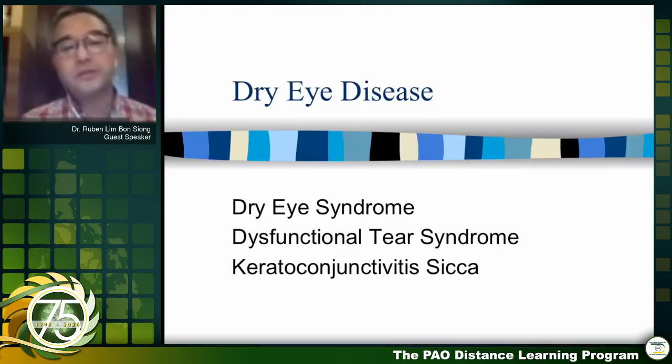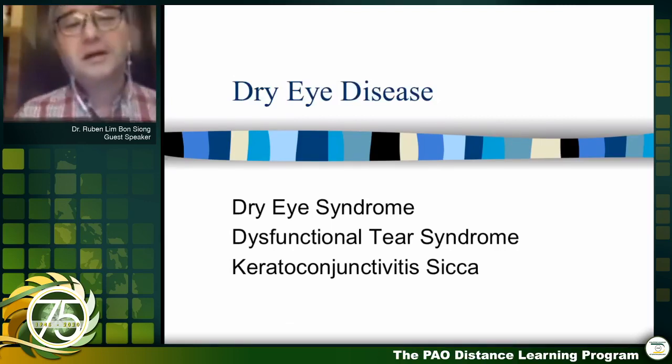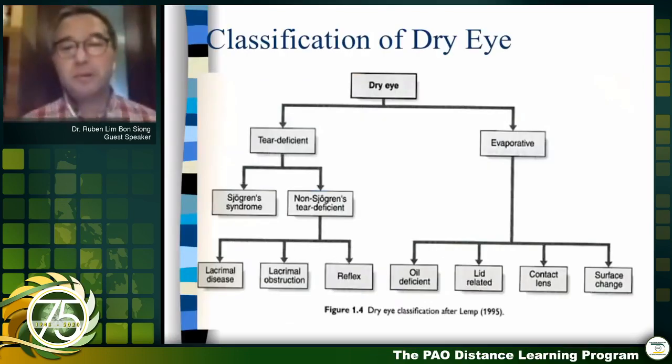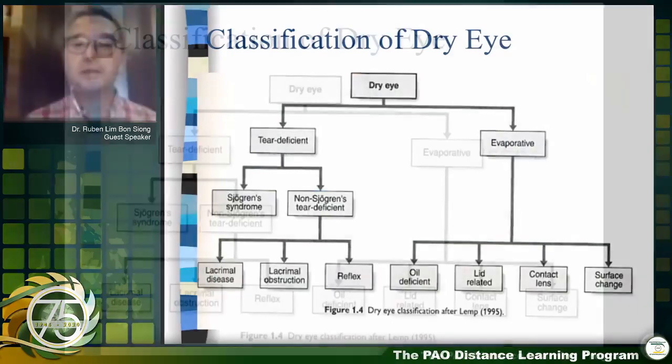There was the previous dry eye syndrome, dysfunctional tear syndrome, keratoconjunctivitis sicca. After all the past 25 years, everybody just settled on a very simple name, dry eye disease. It's simpler, it's direct to the point, and it's easily understood by the layman.